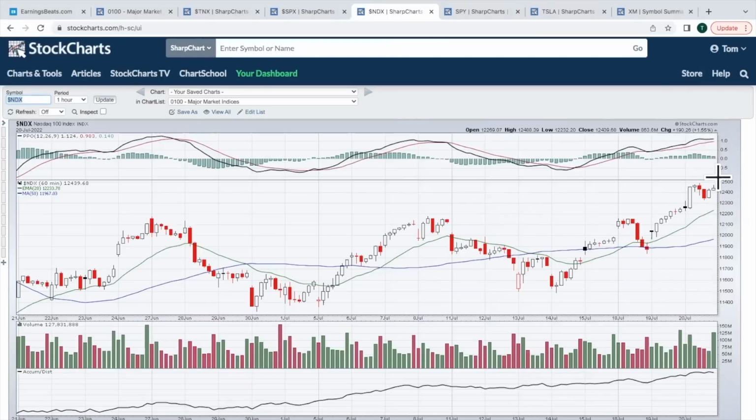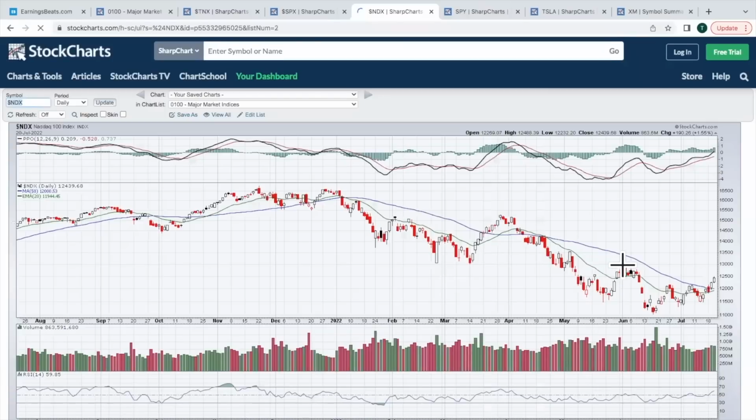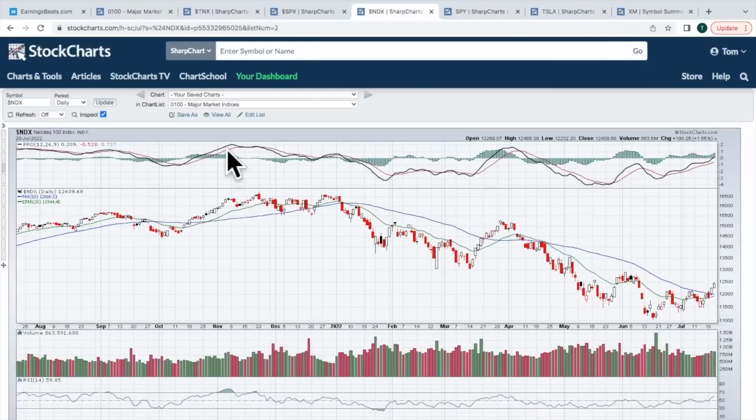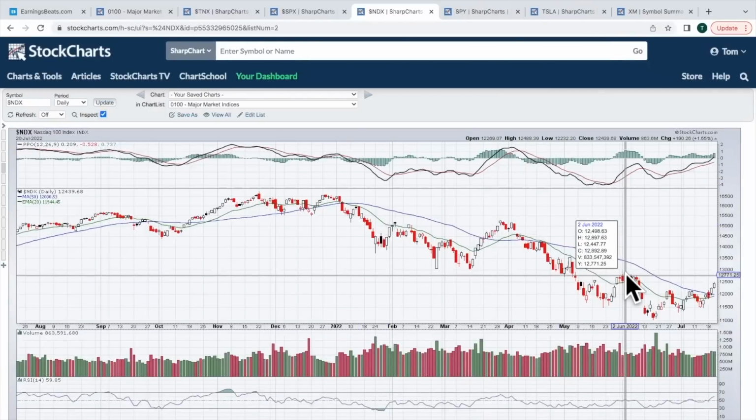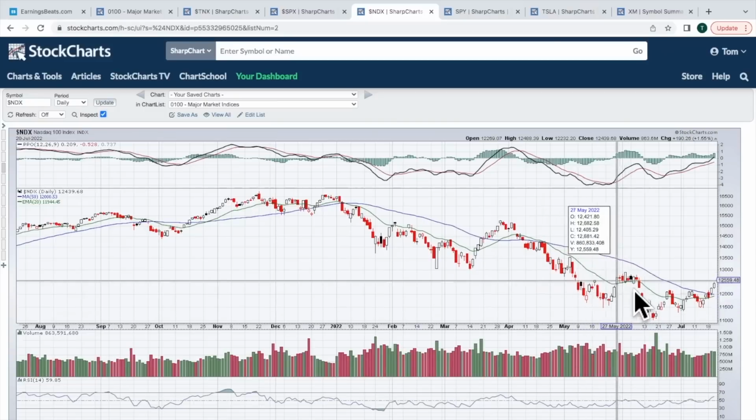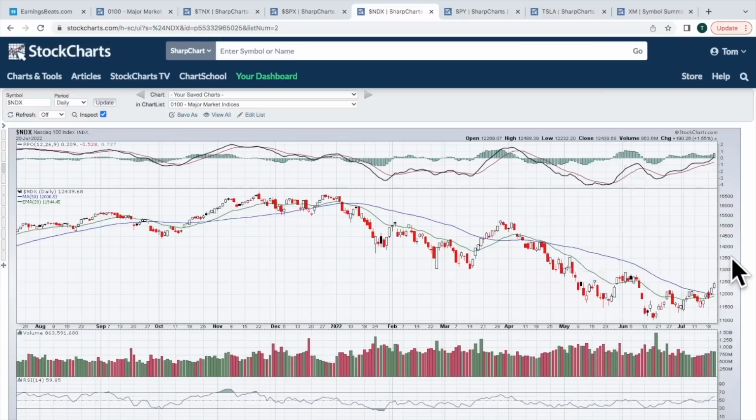I still think we've got room to the upside on the NASDAQ 100. But if we pull the daily chart up on this one, there's that early June high, which would be up at 12,892. So if you see 12,900 print, especially on a closing basis, that confirms that this downtrend has reversed and we're going higher.